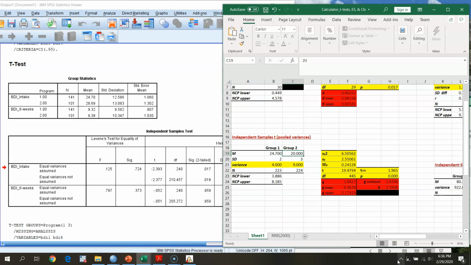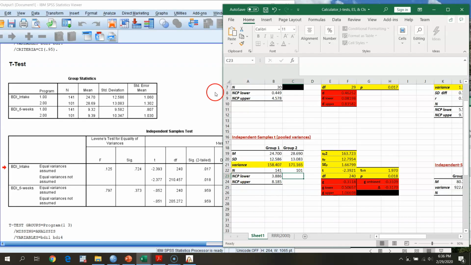Mean for my second group, 28.69. Standard deviations, 12.586 and 13.083. And I've got 141 people in the first group, 101 in group 2.